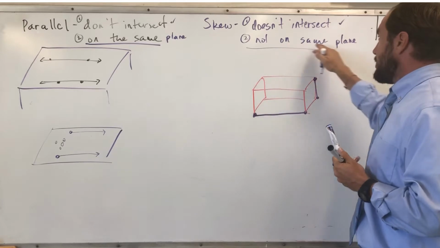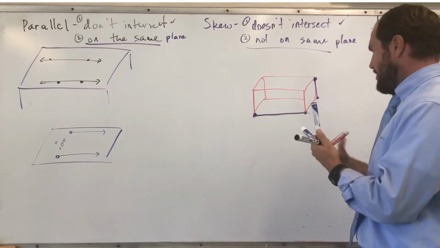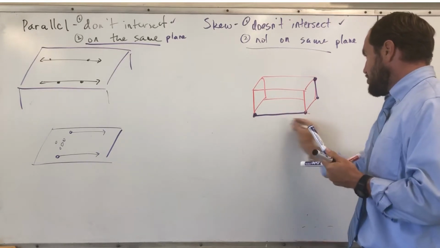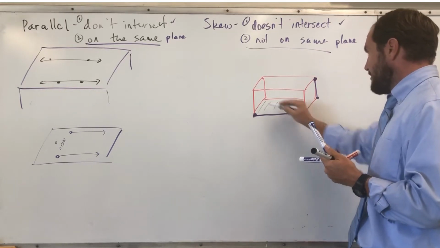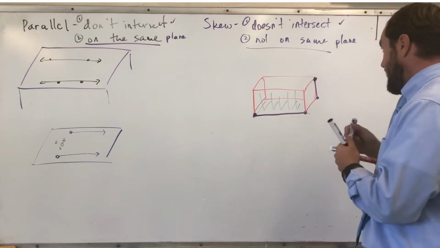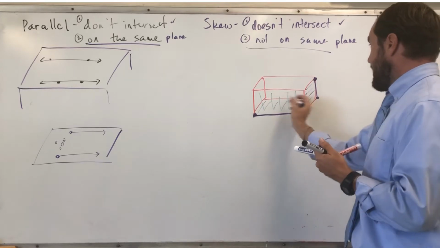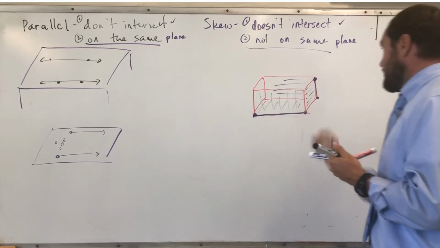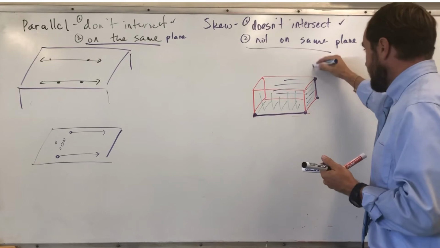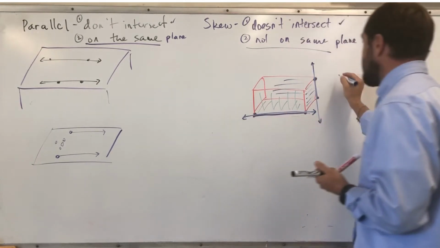Although, if we look here, we see that they're not on the same plane. Well, what does that mean? This front edge is part of the bottom and the front. This back edge we're looking at is part of the side and the back. And because these are not on the same plane and they don't intersect, we say they're skew.